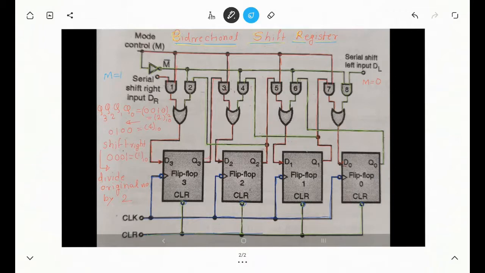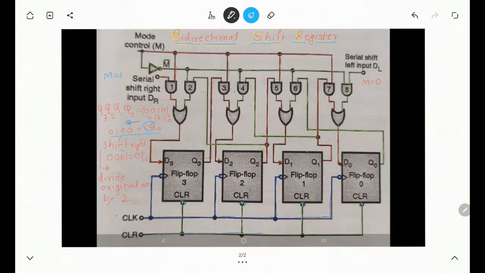number by 2. Here initially consider Q0, Q1, Q2, Q3. The data is 0, 0, 1, 0, which is equivalent to 2 in decimal. And suppose you are shifting this data towards the left, then this becomes 0, 1, 0, 0, that is equivalent to 4, meaning this number gets multiplied by 2.